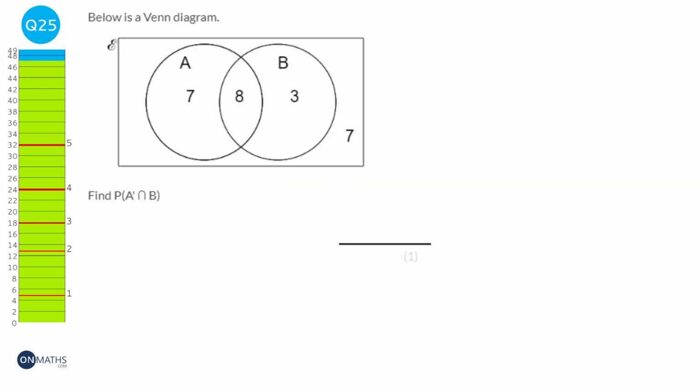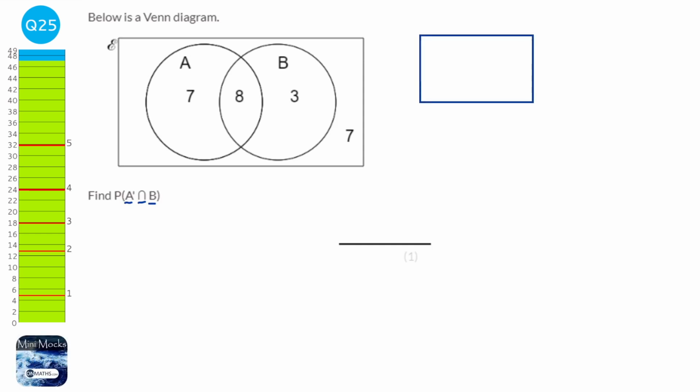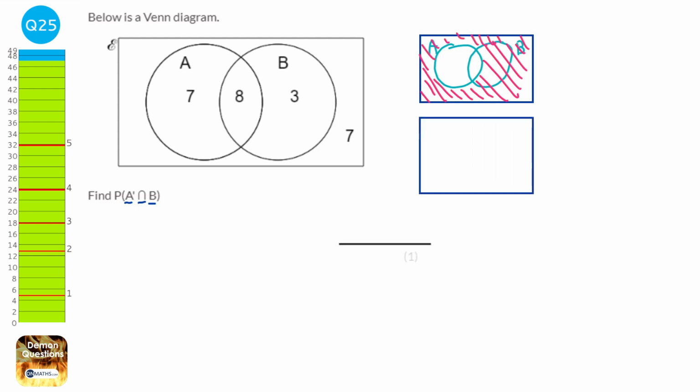So this question is asking us to find the probability of not A and B. So I'm just going to quickly draw out a similar Venn diagram. If this is A and this is B, then not A will be everywhere apart from A. So it would be all of this here. And if we do the same thing again, and this time we're interested in where B is, then B is this part here.